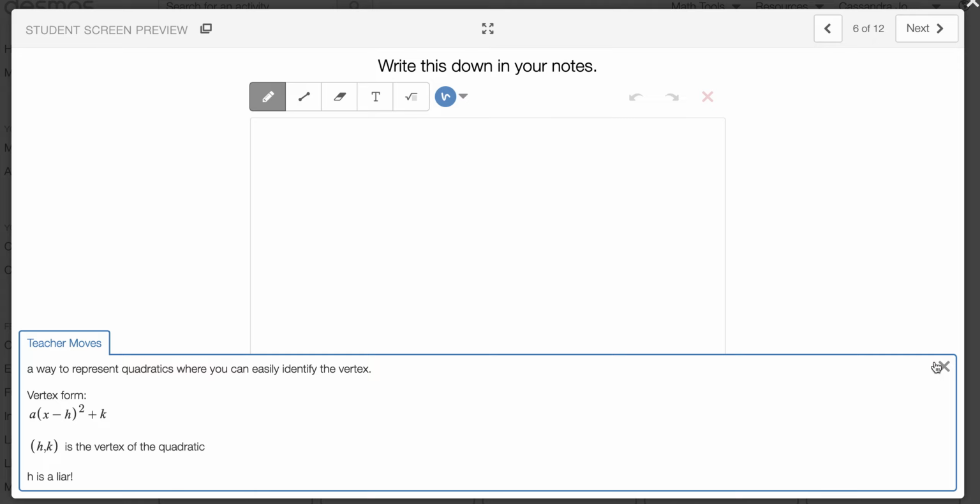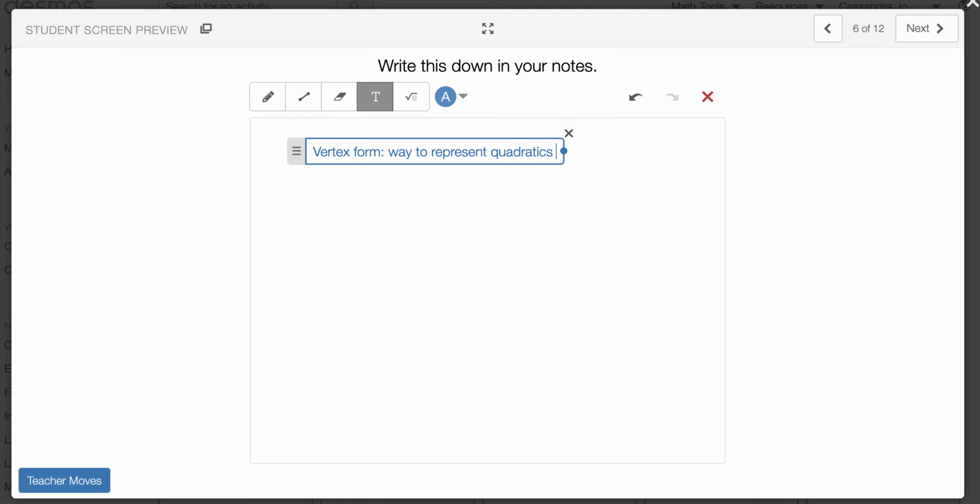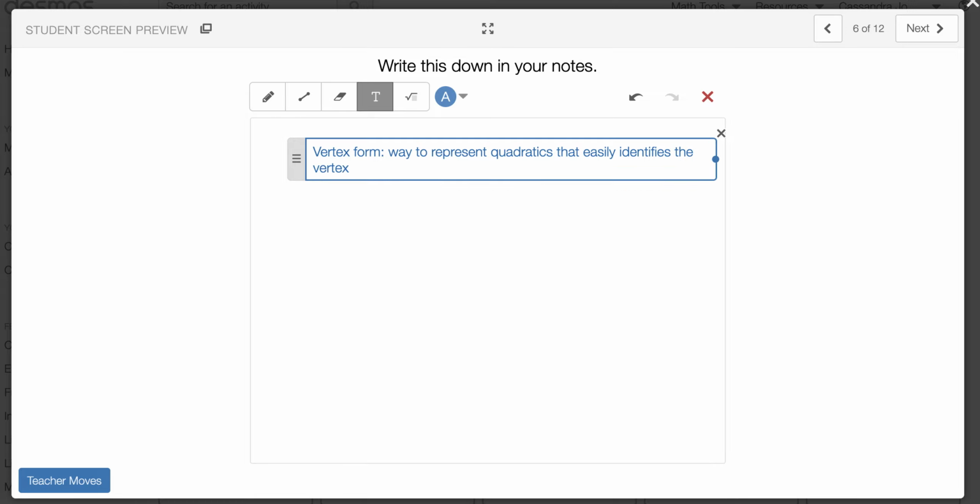So we are going to write this down in our notes. So vertex form is a way to represent quadratics that easily identifies the vertex.